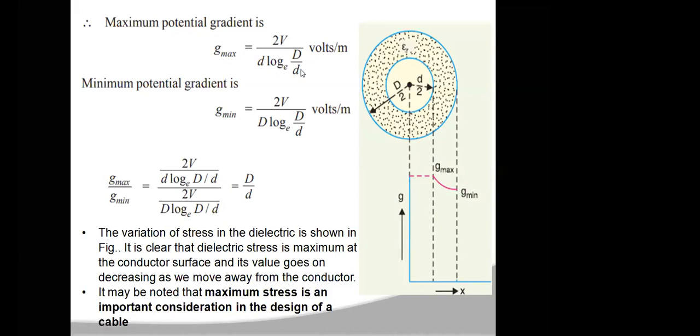If you want the minimum potential gradient, you substitute x equal to capital D by 2, and you will get G minimum equal to 2V by capital D into ln D by d. This potential gradient is expressed in volts per meter. Now if you find the ratio G max by G minimum, you will get capital D by small d.